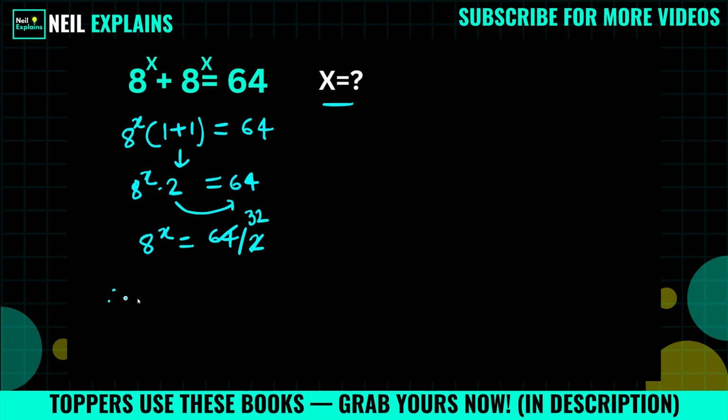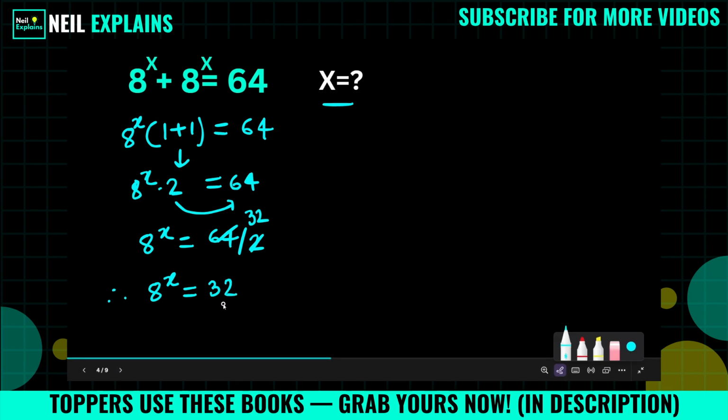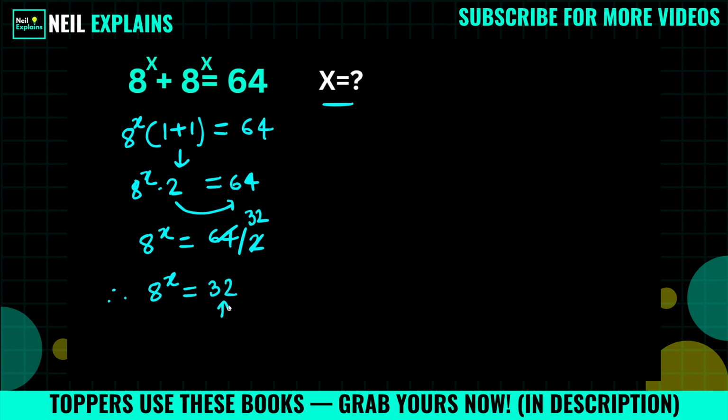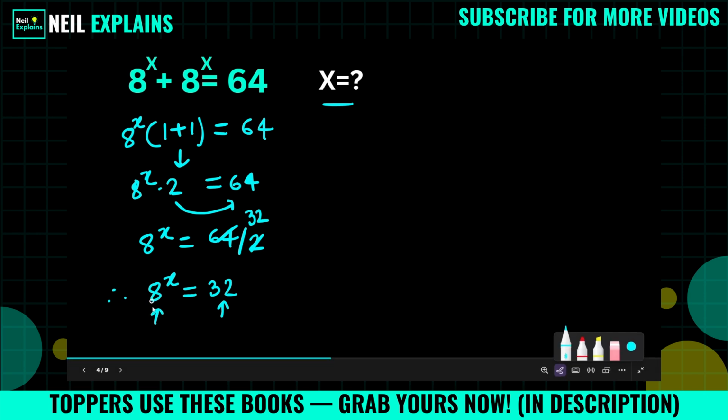So the expression becomes 8 power x equals 32. Now we can think of this as 2 to the power 5, and 8 as 2 to the power 3.